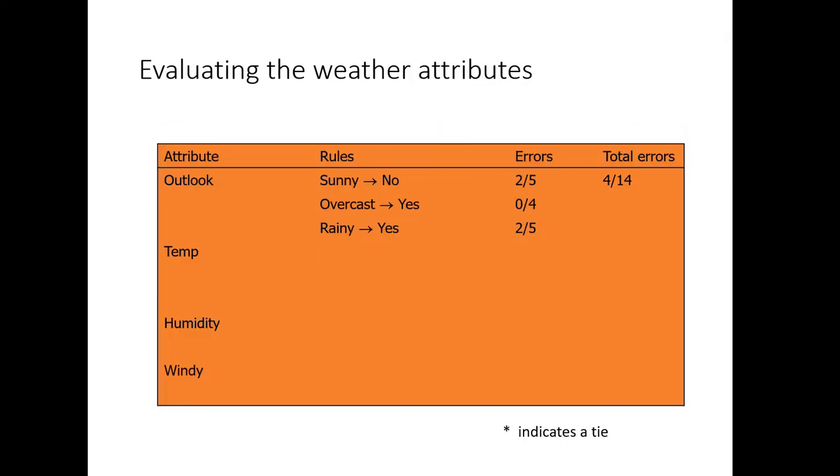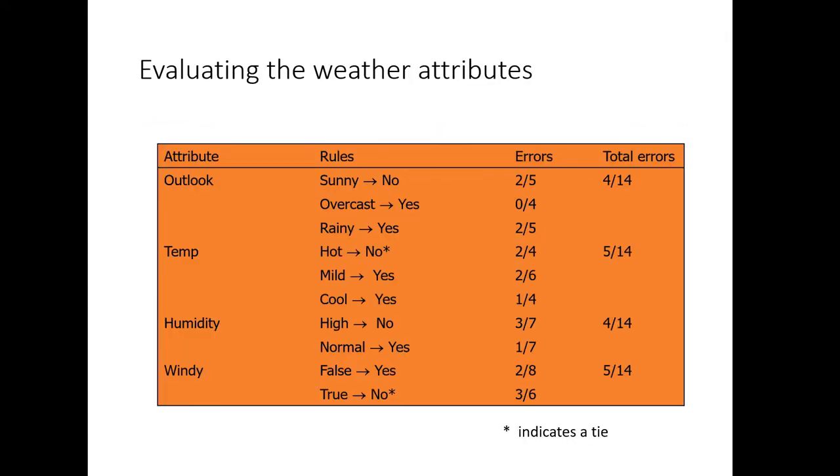If you go back, which one has the least error? Is it Outlook, temperature, humidity or windy? Is it Outlook? And windy.